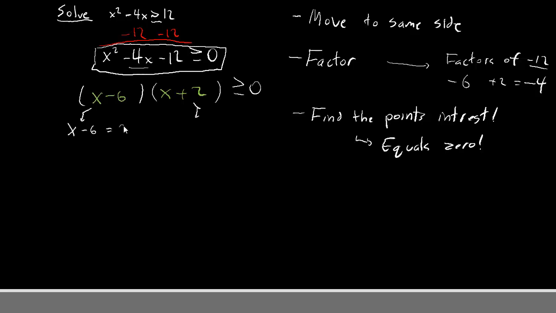Say x minus 6 equals 0. If we move the negative 6 to the other side, we'll have x equals 6. That's our first point of interest. Now we do the other side. Say x plus 2 is equal to 0. If we subtract 2 from both sides, we'll end up with x equals negative 2. So our points of interest are 6 and negative 2.